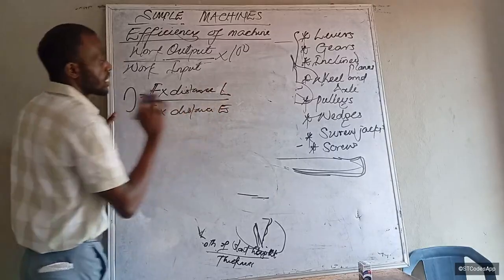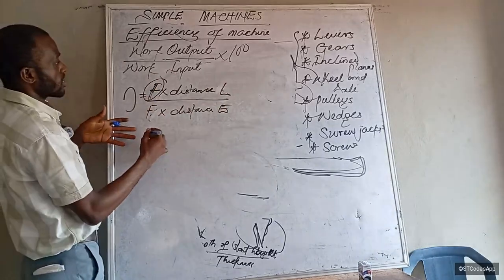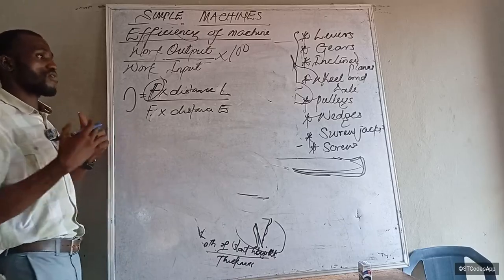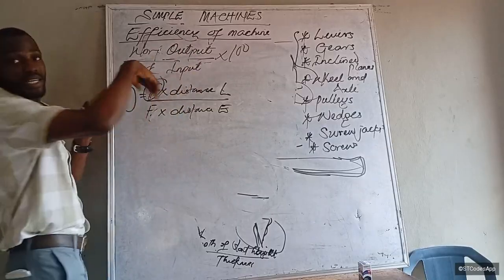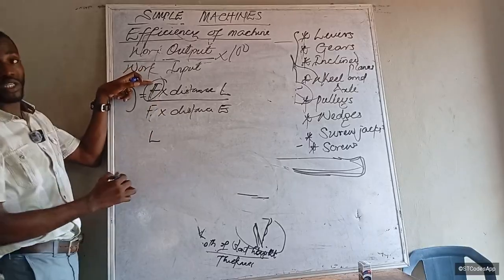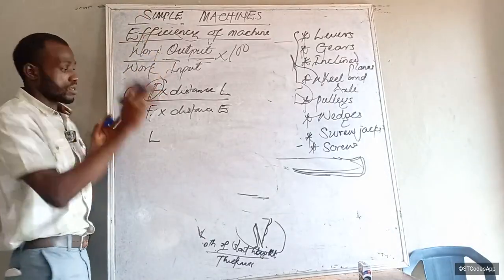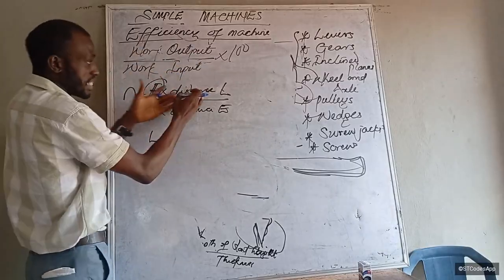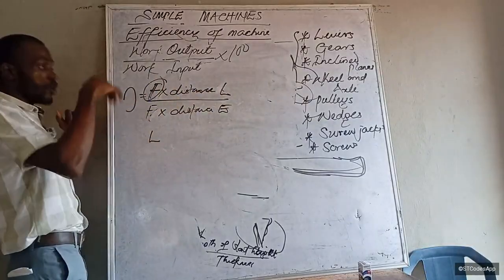Now, what is the force that is going out? We call it the load, because we are talking about output. So the distance will be the distance moved by the load, and the force is the load.